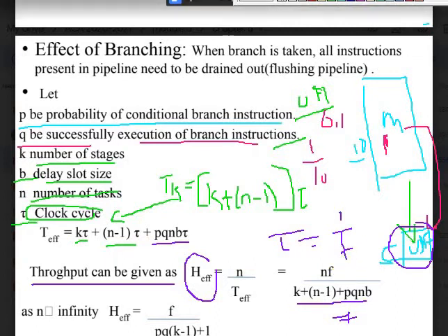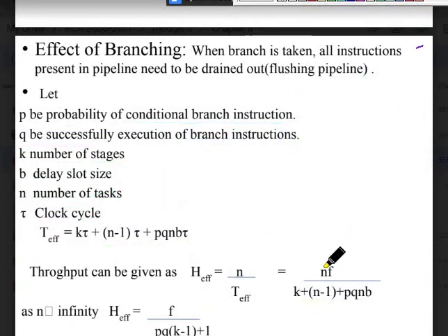Hence I get n into f, number of tasks into frequency, whole divided by k plus bracket of n minus 1 plus pqnb. Please remember there is no tau, because tau itself has been used to represent frequency.